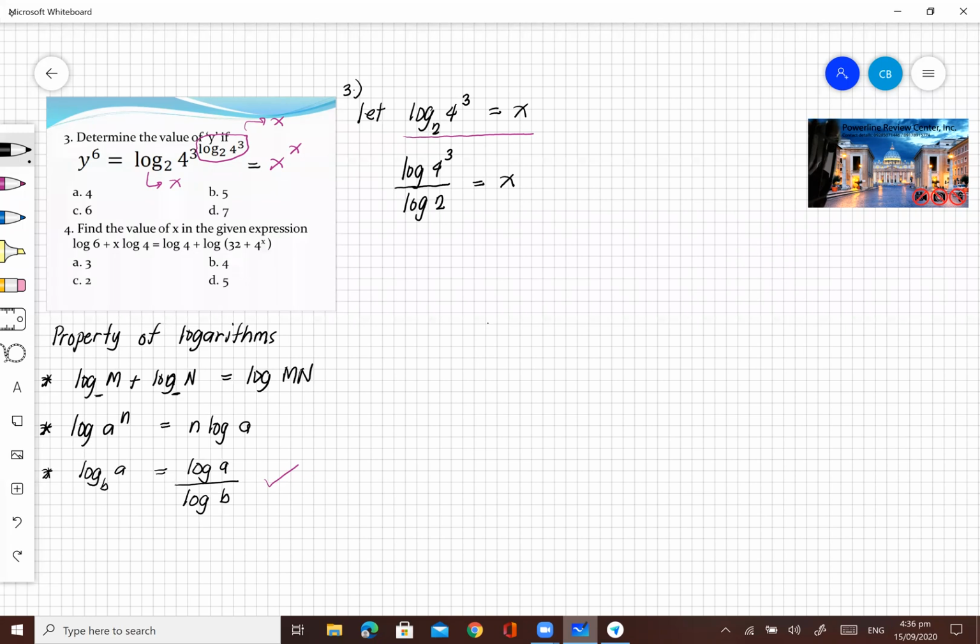X. Tama, no? Using this third property. Therefore, if we try to cross-multiply, we may found out that the logarithm of 4 raised to 3 is equal kanina, X logarithm of 2. Tama?